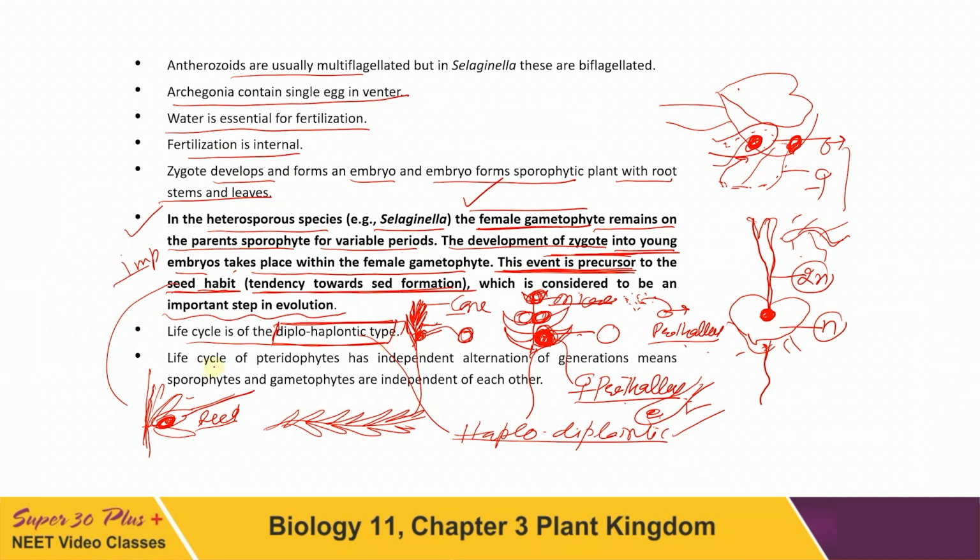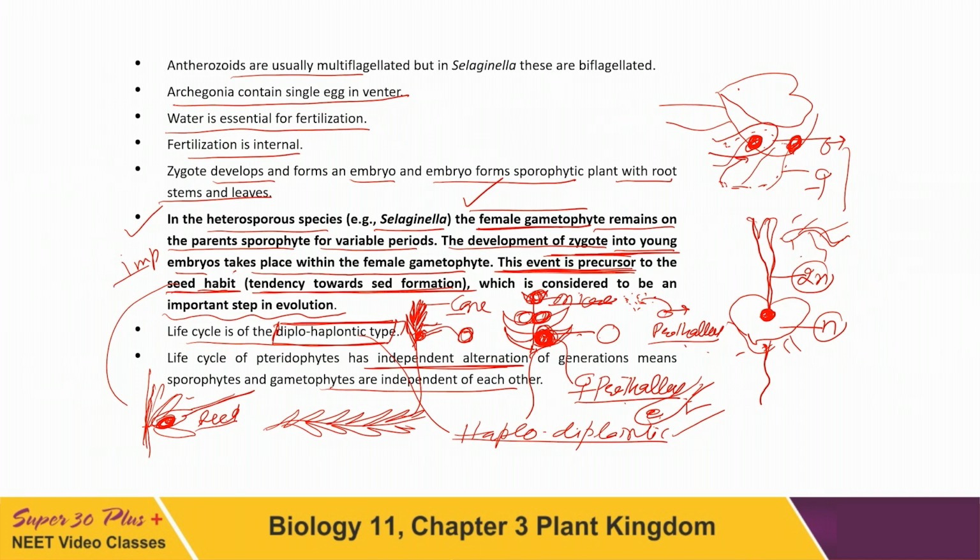Is it clear? The life cycle of pteridophytes has independent alternation of generations, right? Sporophyte and gametophyte have independent existence, independent of each other. Is it clear?